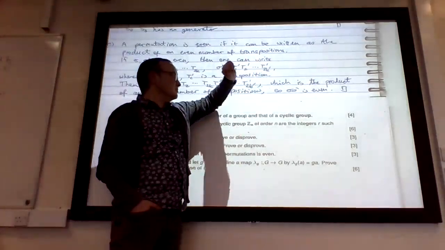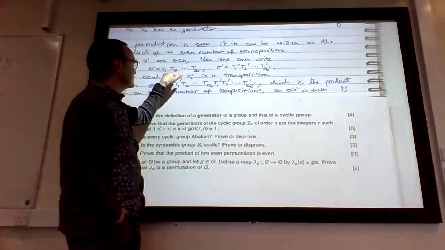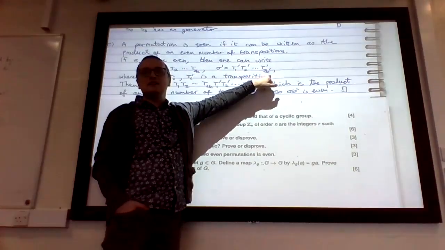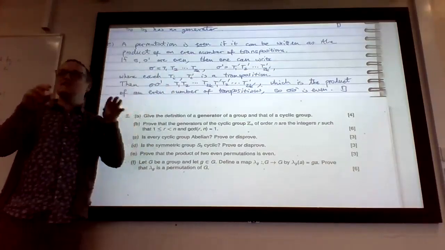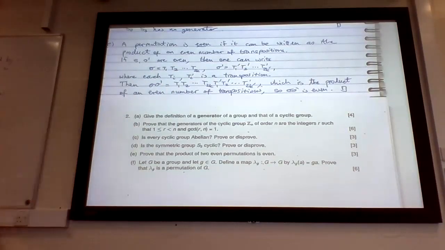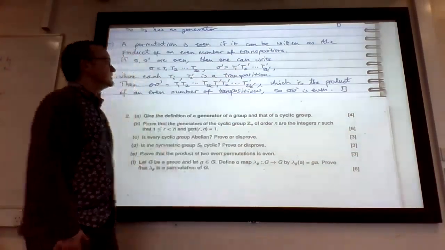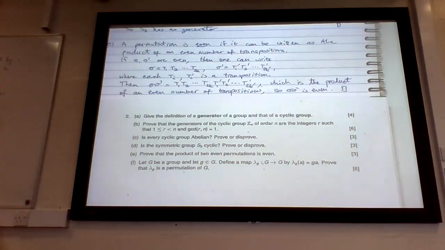There's a prime on the k as well, so he's not claiming that there's exactly the same number. This one could be very long, this one could be very short, but there's an even number of both. You don't have to do it with primes, different letters would do.